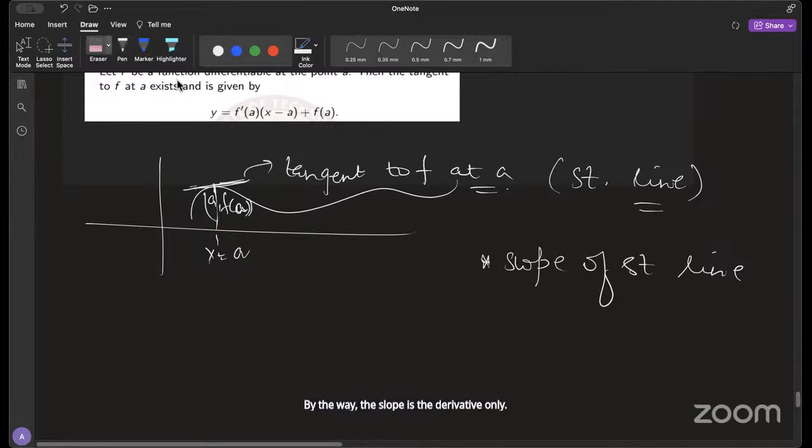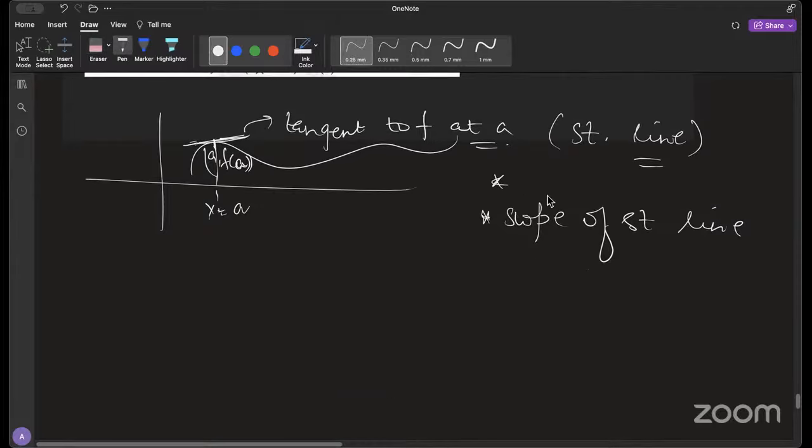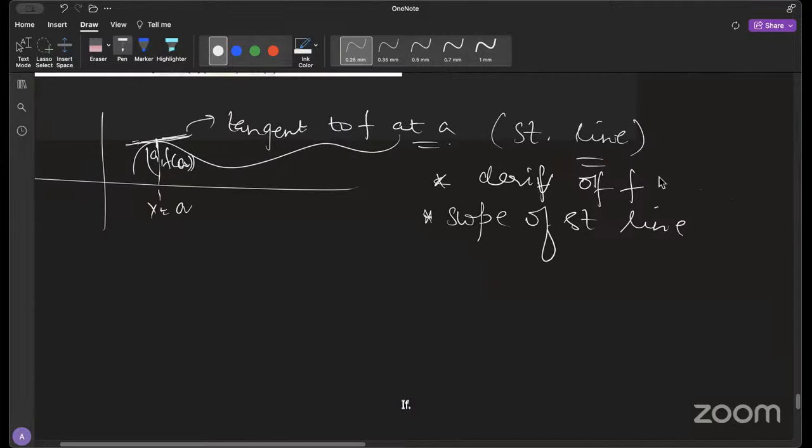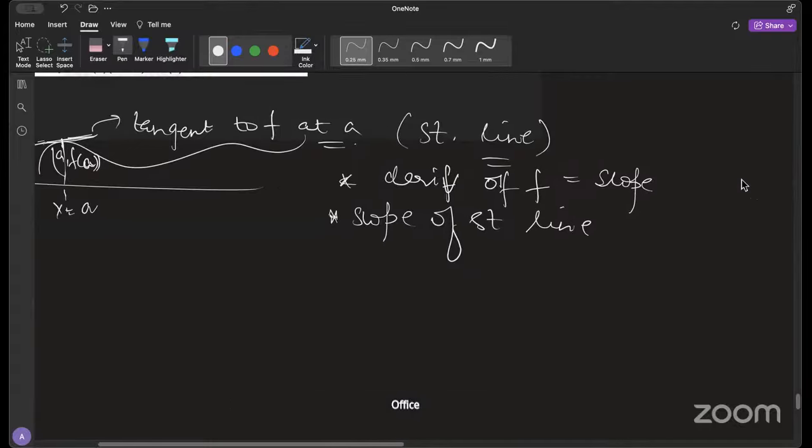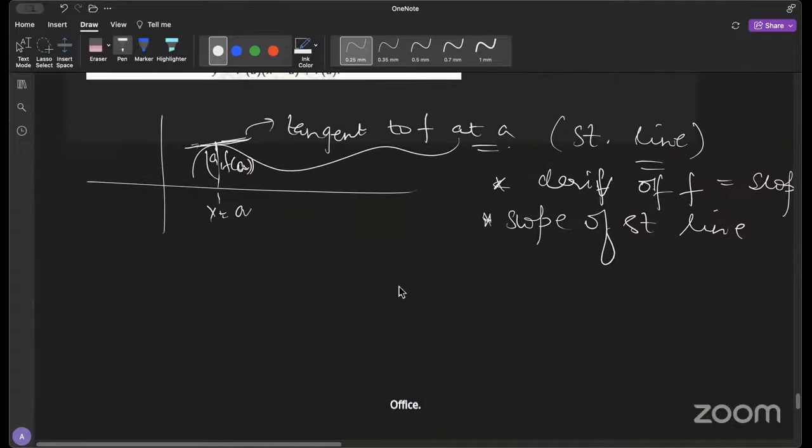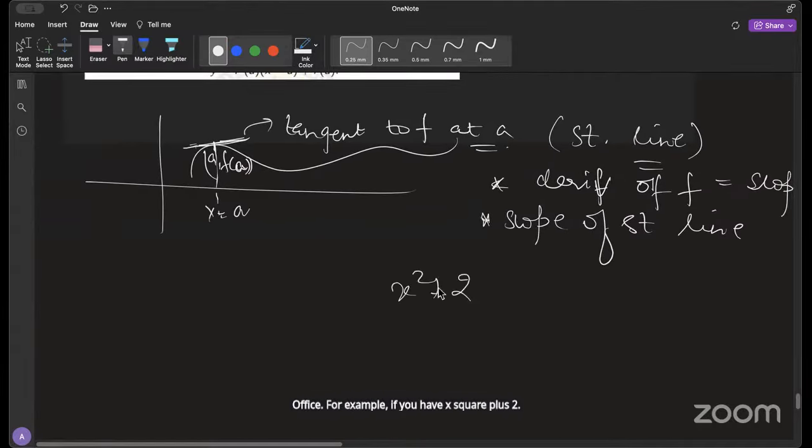Let me just write that down first. The derivative of f gives the slope of f. For example, if you have x square plus 2, then its derivative is 2x, right?